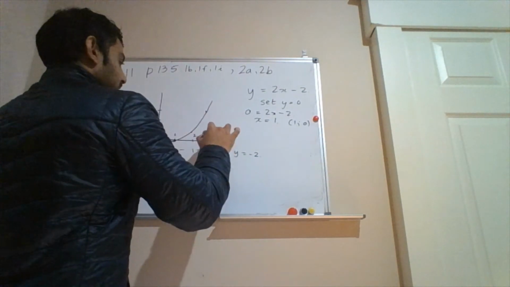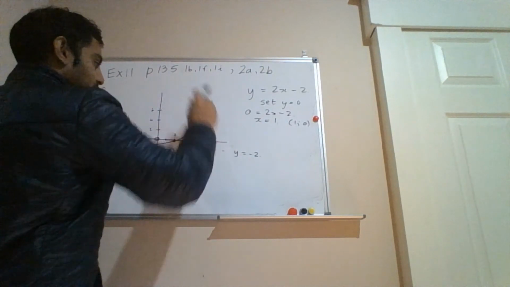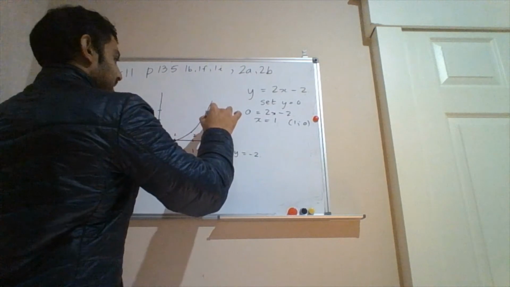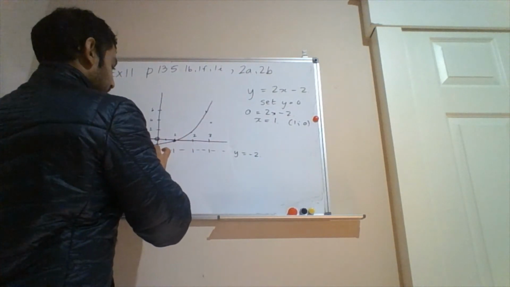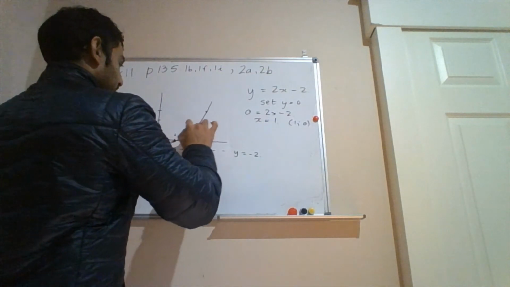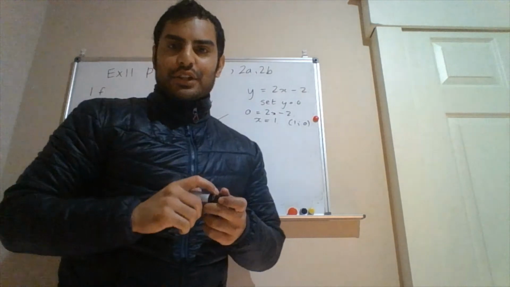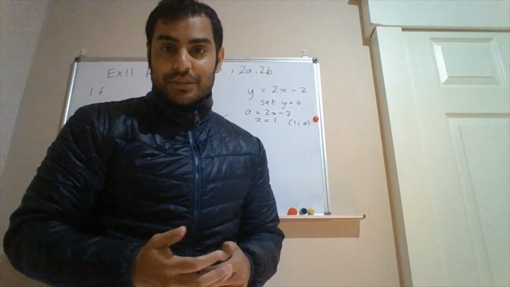So let me actually do that, because with 2 points I might draw it a little bit skew. So for x equals 3 we get a value of 4, and yeah, our straight line does look good going through all these points. Okay, so we've spoken about everything, intercepts and asymptotes.